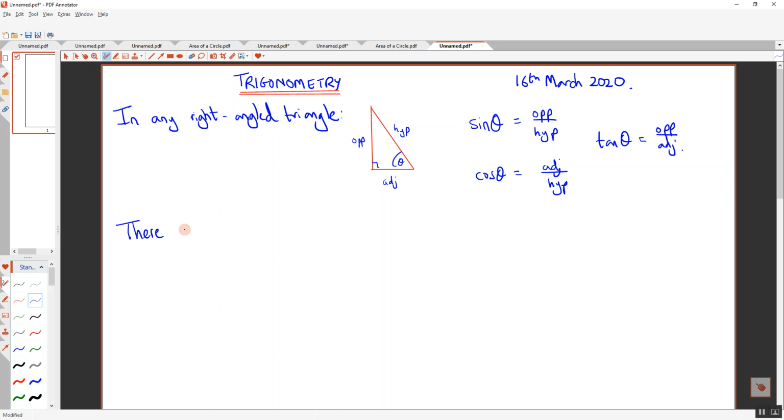Okay, so there are certain angles that we must know sine, cos, and tan of.